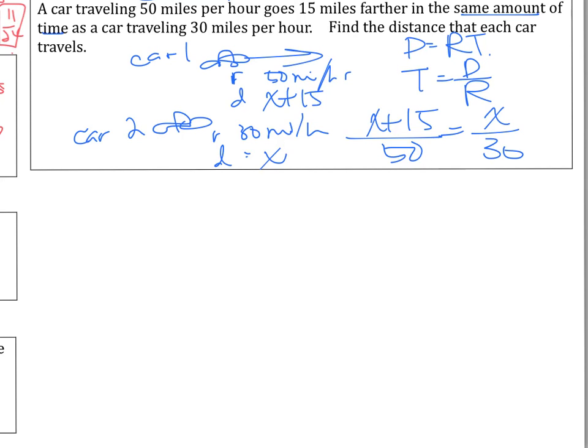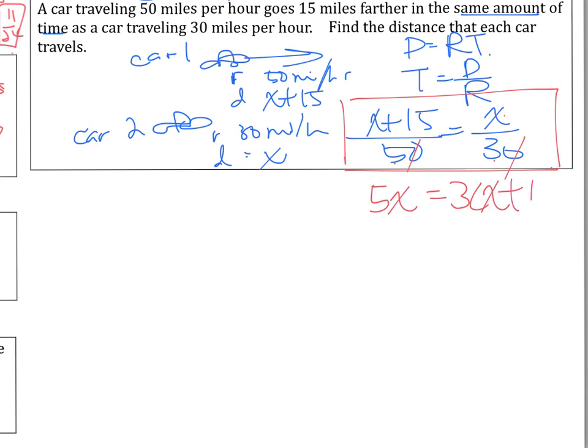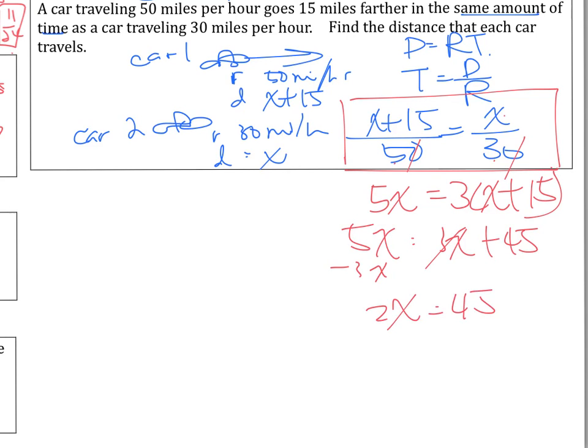Now we can solve. This is my proportion. Okay, we cancel out the zeros. And I'm going to cross multiply. 5 times x, 3 times x plus 15. Subtract 3x. 2x equals 45.